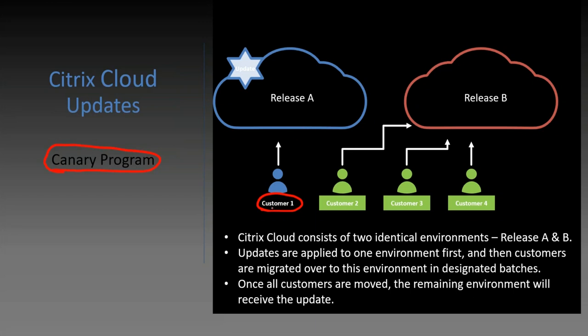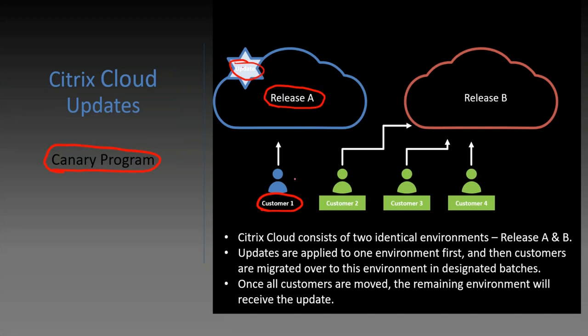So if your company is willing to be the latest and greatest in the trial case, you can be customer one. The customer ones will always start out using release A. This is where the updates will be done. Your updates will always be done right here. Customer one will get those on the first day of the rollout cycle, which is a 4-day cycle.